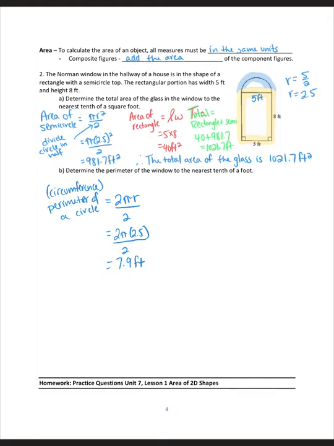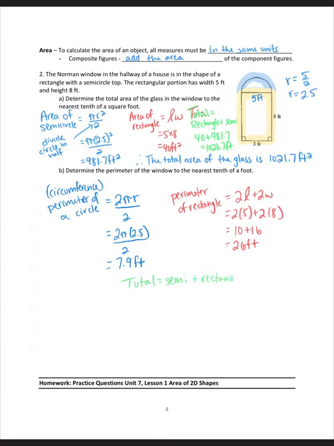And then if we look at the perimeter of the rectangle, okay, the perimeter of our rectangle is going to be 2 of our lengths plus 2 of our widths. So my length is 5 and my width is 8. So you'll have 10 plus 16, or 26 feet. So just like above, our total is going to equal the perimeter of our semicircle plus the perimeter of our rectangle.